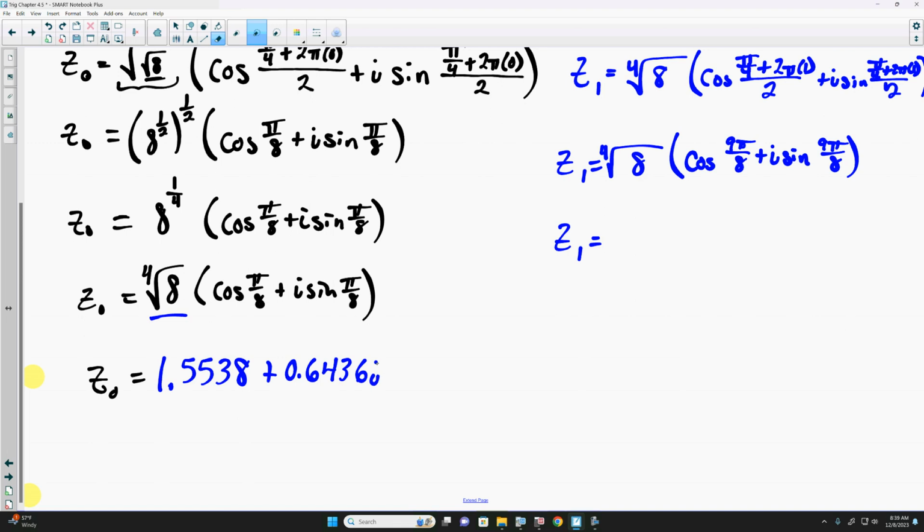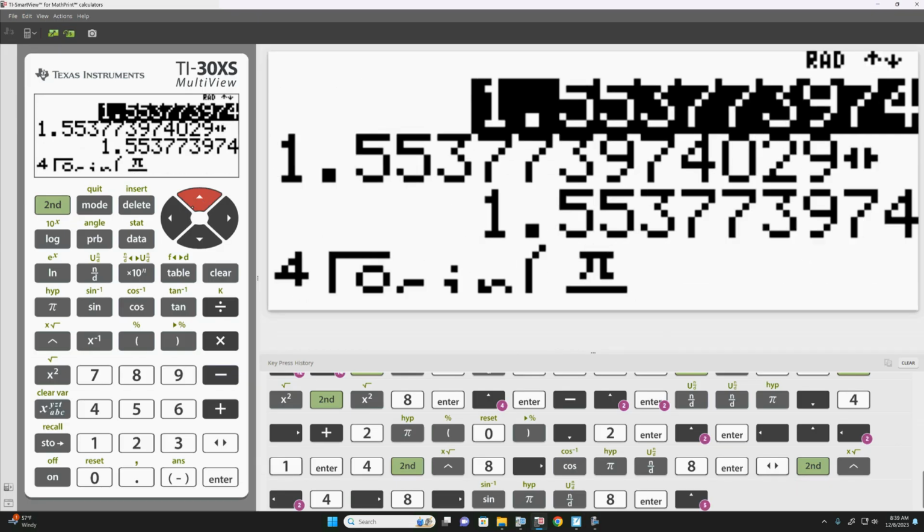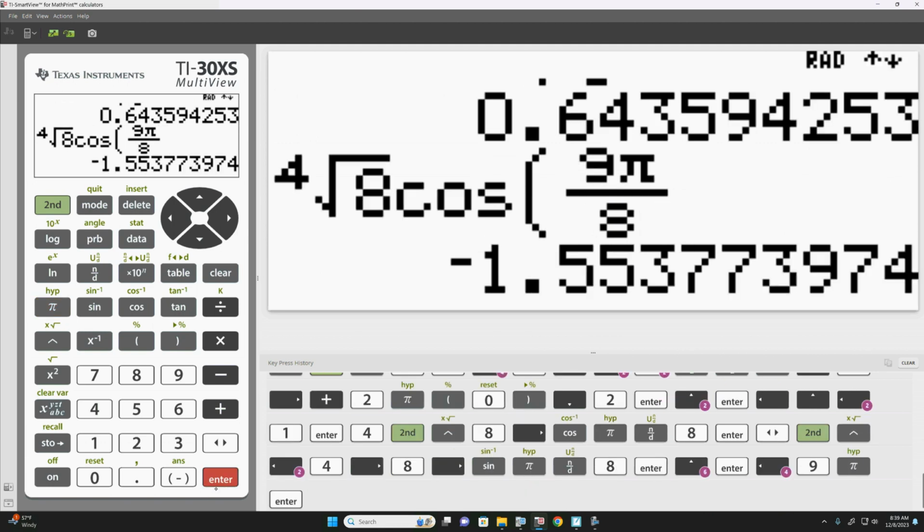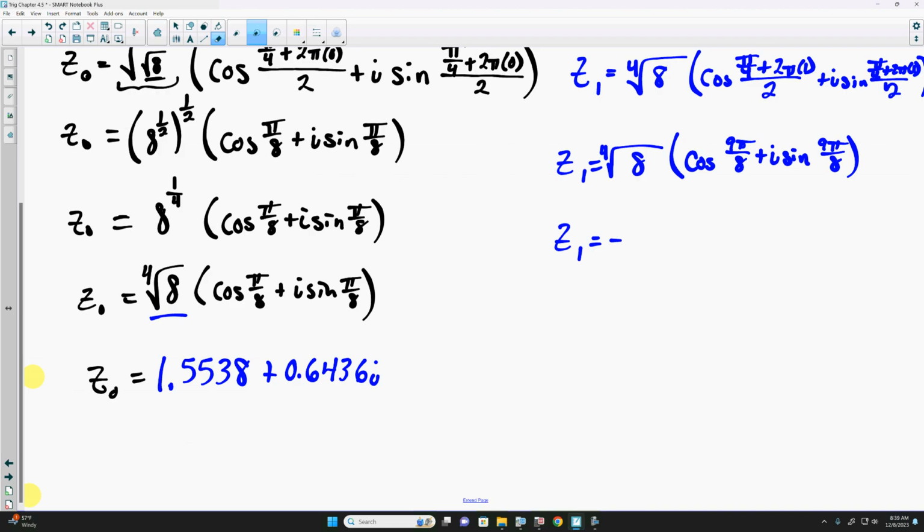We'll do the same thing with the other one. But this time, instead of it being pi over 8, it is 9 pi over 8. Negative 1.5538. Those decimals look similar, yes?